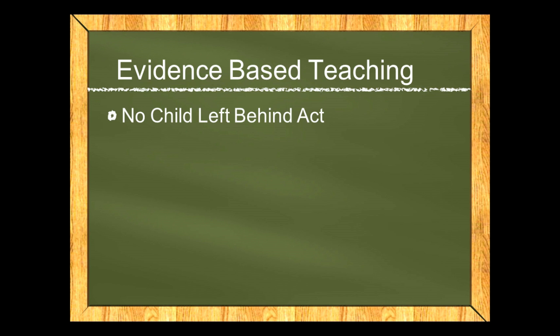So a lot of that back and forth that we read about in terms of the reading wars, there wasn't necessarily tons of evidence to support one side or the other at the time when the wars were being waged.